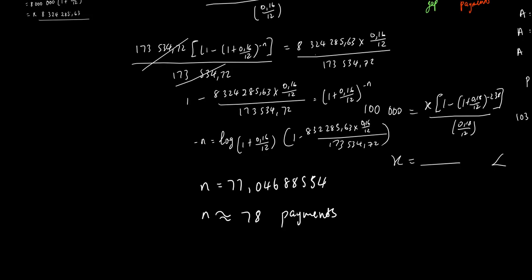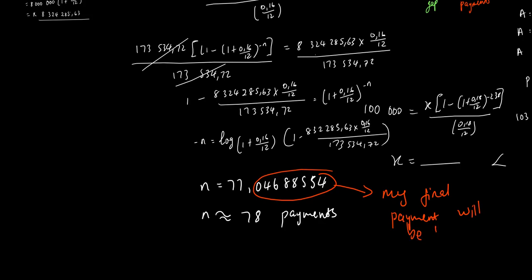But what does this comma mean here? Please know that this comma means that my final payment will be less than the installment.